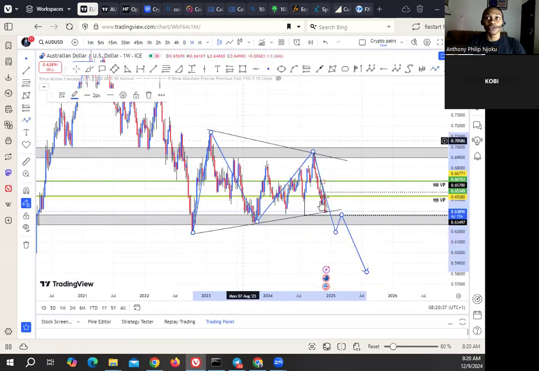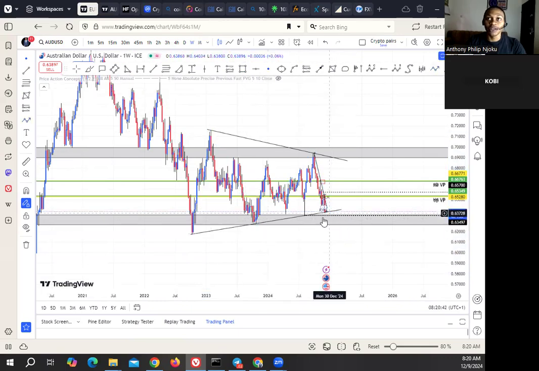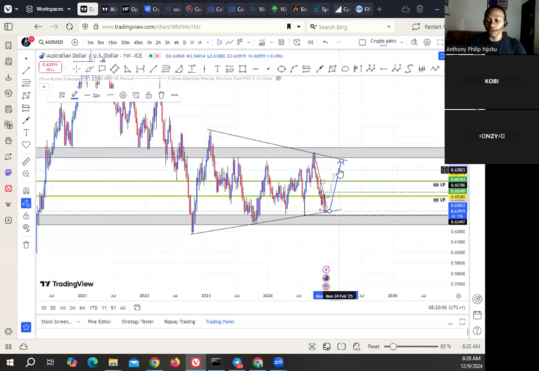That's the principle. But the wedge is initiated when the low is broken, and that low is not broken yet. So we could still see a pullback to the top of this wedge again. Okay, so that is still possible.